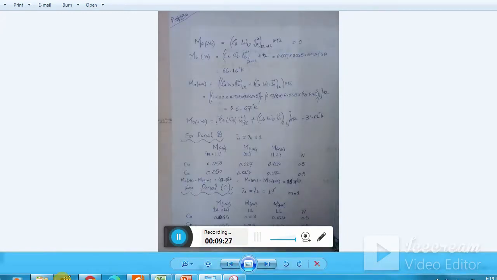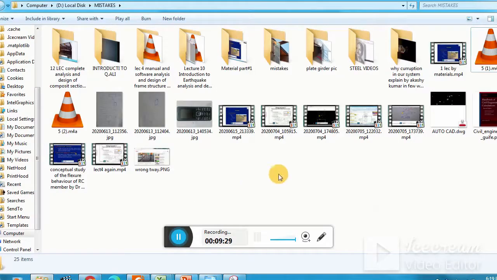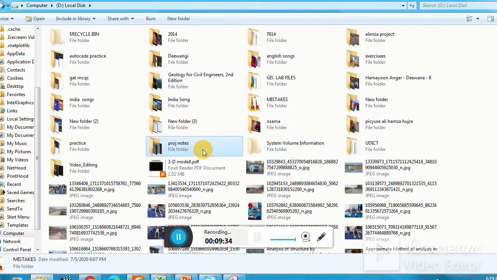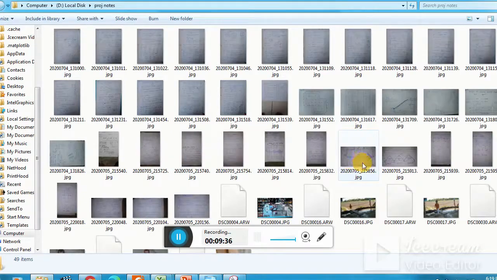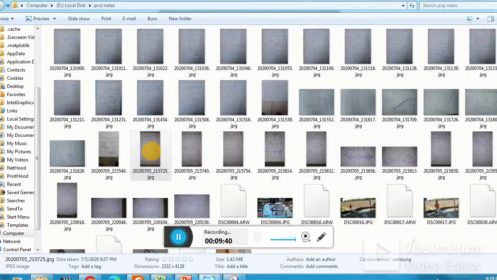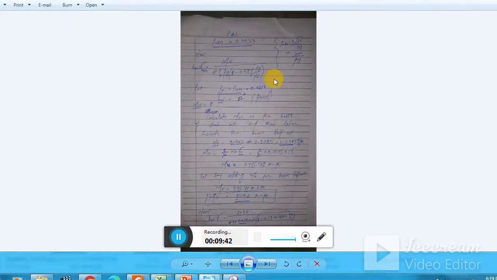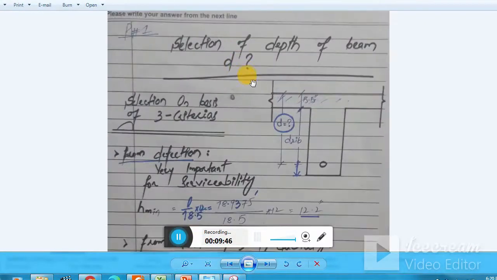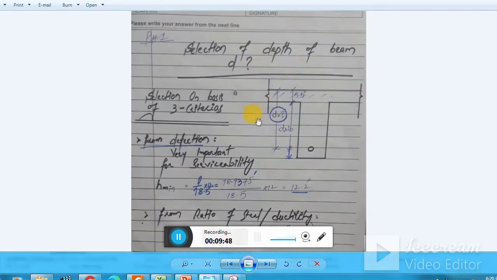It is a very important calculation, and you must understand that calculation, how we can find out the depth of the beam. Okay, so you see here, selection of depth of beam, d.